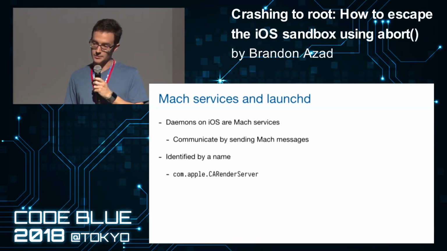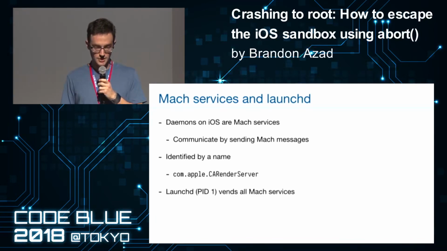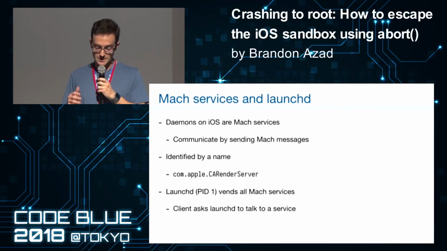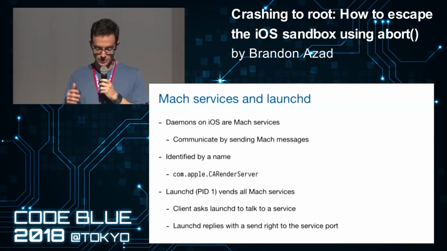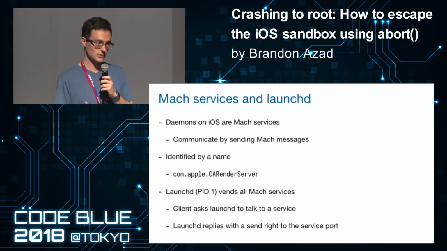And how does a client process actually gain the ability to talk with a service? Well, the launchd process, which is PID 1, actually vends all the mach services on the system to interested clients. So if a client wants to talk with a service, it'll send a message to launchd saying, hey, launchd, I want to talk with this service. And then launchd will send a reply to the original mach message containing a send right to that service's mach port.